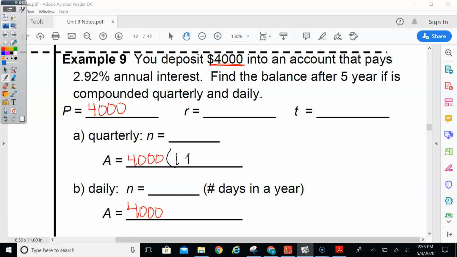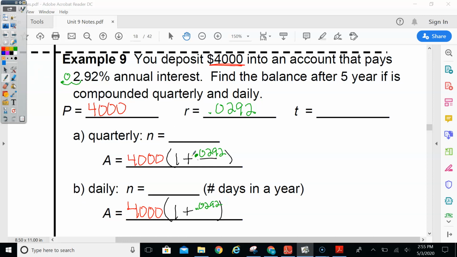Times 1 plus, we need R and N. So R, 2.92 if I move it over twice. If I divide by 100, I get 0.0292. So this is going to be 0.0292. 0.0292.